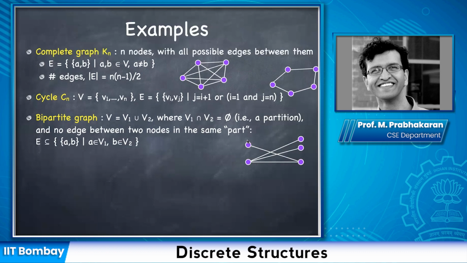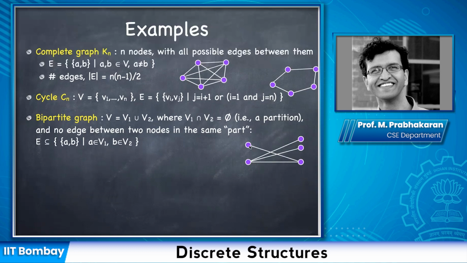Another interesting graph is a bipartite graph. What this means is that there's a partition containing 2 parts of the vertex set. So the set V is partitioned into V1 and V2, in this example, the left and the right vertices. And there are no edges within a part.